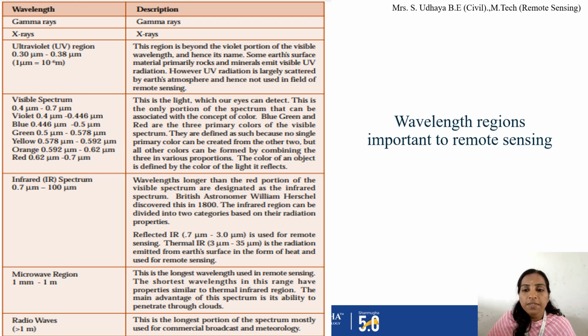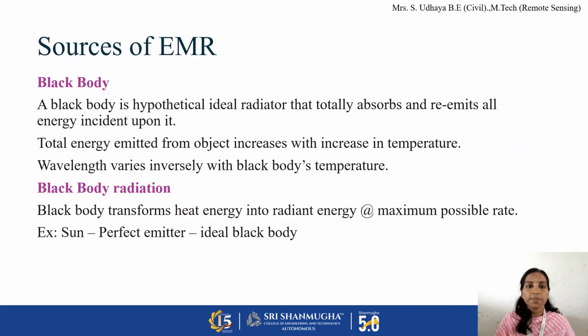It has 6 colors from violet to red. The infrared spectrum has a wavelength from 0.7 micrometer to 100 micrometer and is located after the red portion of the visible spectrum. The microwave region has the longest wavelength and is used for remote sensing. Its main advantage is that it can penetrate through clouds. Radio waves are used for commercial broadcast and meteorology.